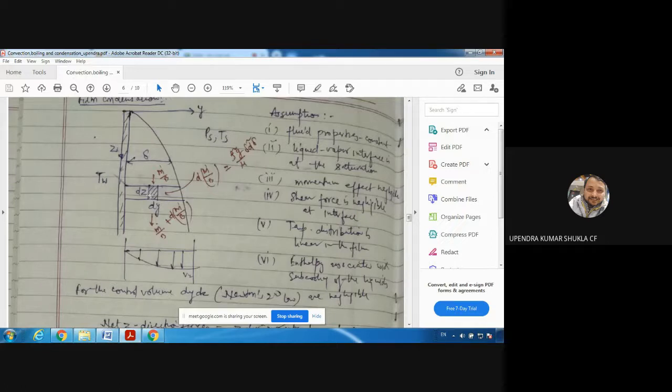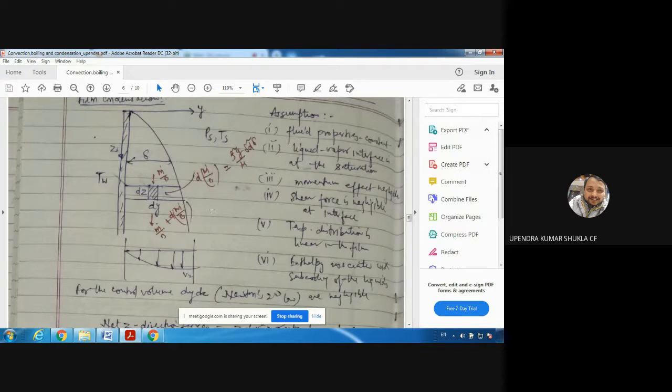Momentum out minus momentum in is equal to the sum of the external forces acting in that direction. What are those forces? In the case of a fluid, there are two types of forces: body forces and surface forces. Here the body force is the gravitational force, and then the surface force. All those forces sum up, and since momentum effects are negligible, there is no momentum in and no momentum out, so the right hand side will become zero.